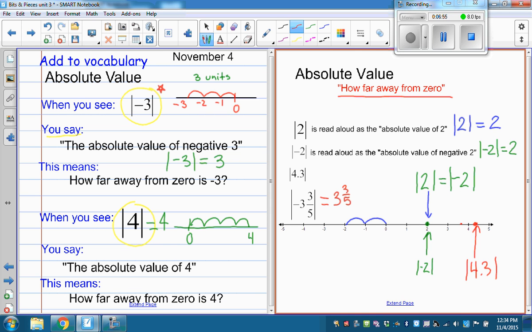Normally you don't plot absolute value points on a number line, but you do want to think about questions in relationship to a number line.